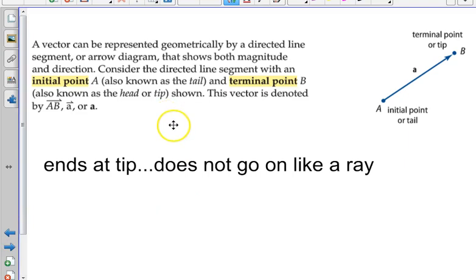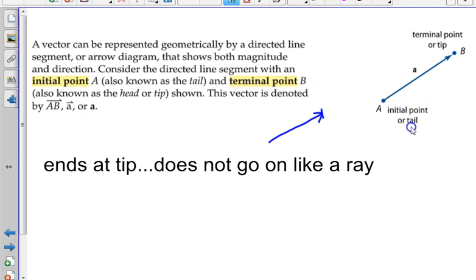A vector can be represented geometrically by drawing what's called a directed line segment. It looks like a ray, but a lot of times they will draw it with a little line after the arrow to show that's where it ends at the tip, okay? So it shows magnitude and direction.